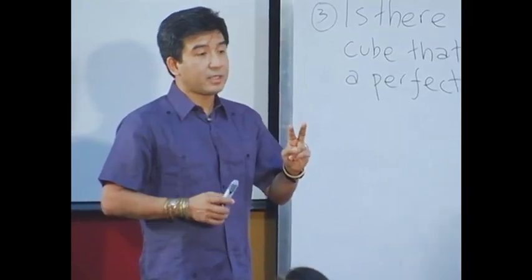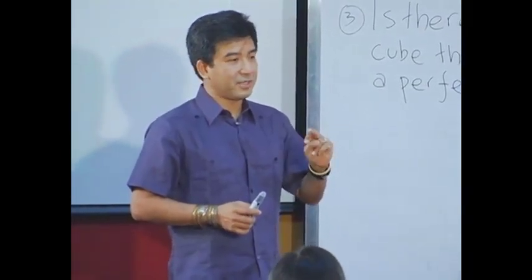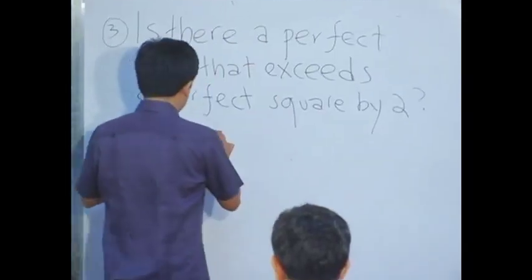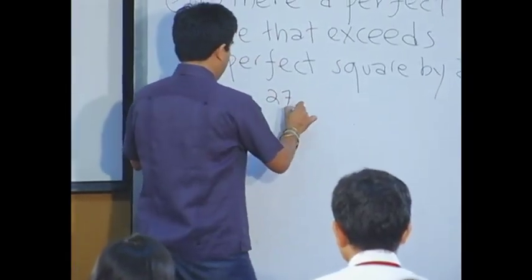The square of 4 is equal to 16. Okay, but when we say exceeds by, we are looking at the difference. Yes, Edu? The perfect cube is 27 and the perfect square is 25. Yes, 27 and 25.